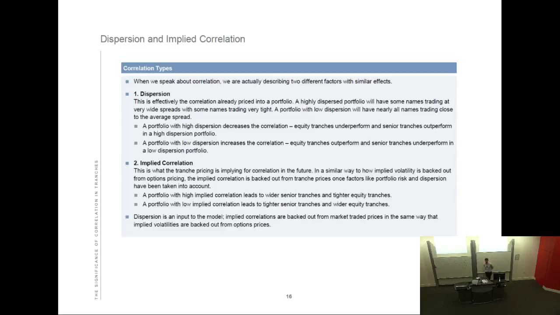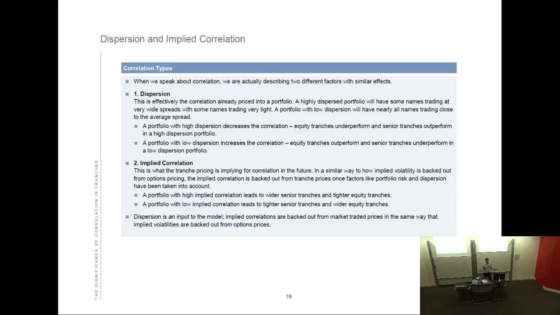Okay, and so there are 2 types of correlation that are important in the pricing of the tranche. One is the dispersion, or if you want, the realized correlation of your portfolio. So that's essentially how dispersed the spreads are in your portfolio.